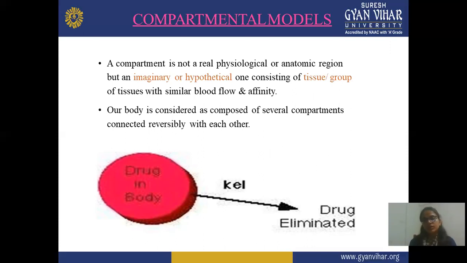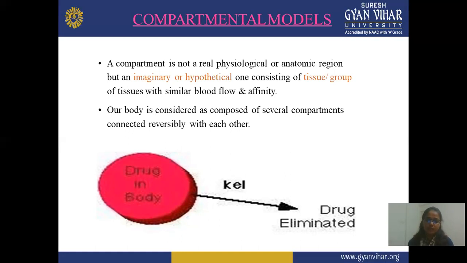We are just taking the real physiological and anatomical regions in an imaginary way, meaning we take that these models are according to the anatomy or physiology of your body, and you imagine according to your body.